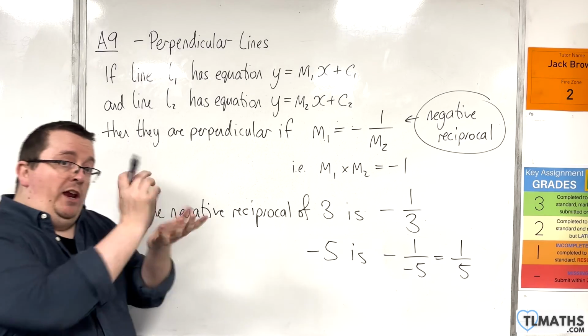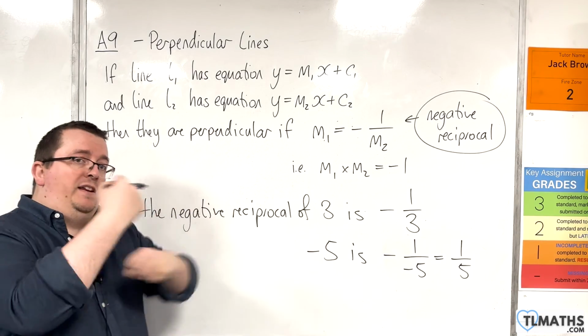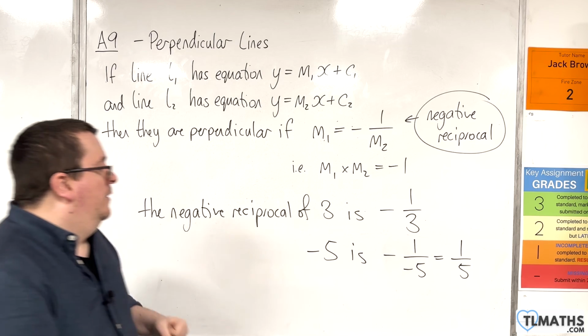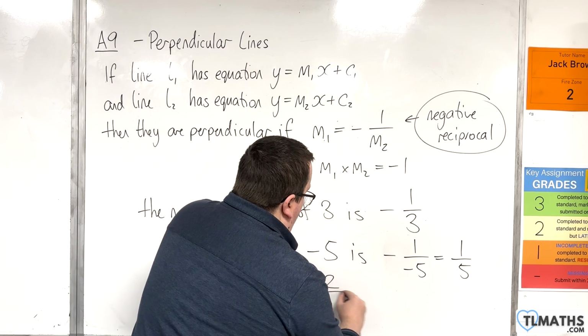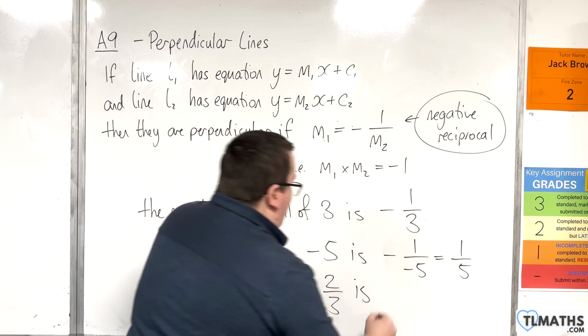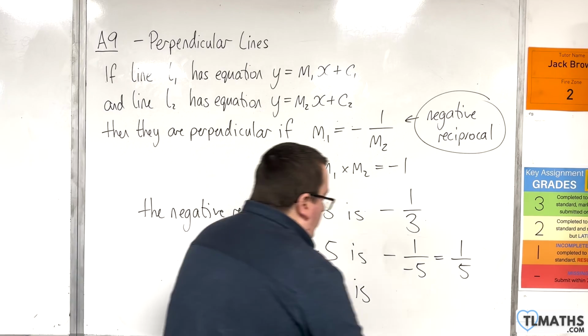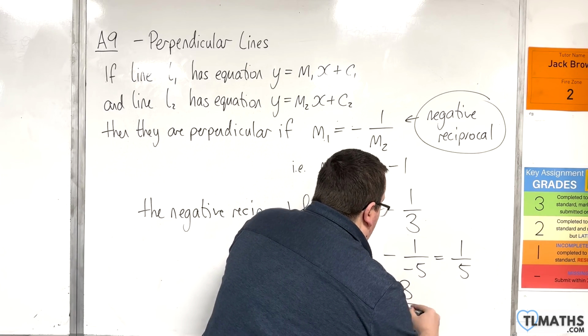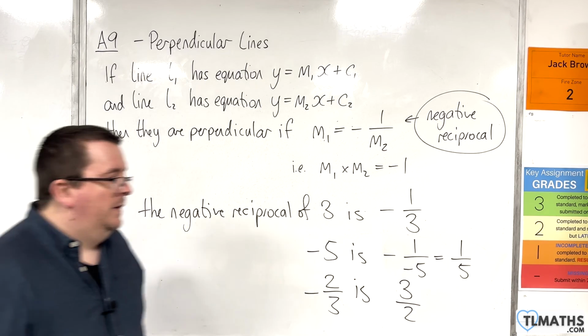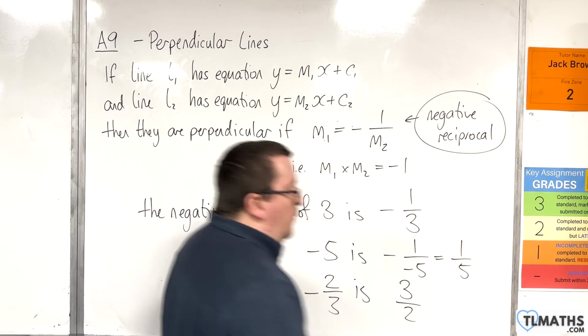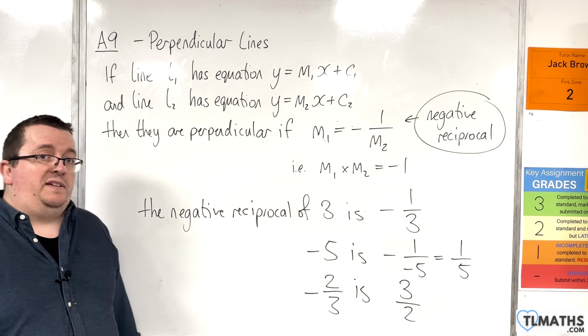So essentially you're changing the sign and finding the reciprocal. So if it was, let's say, minus 2/3, the negative reciprocal of minus 2/3, you change the sign and flip the fraction. Okay? And so this is how we can identify perpendicular lines.